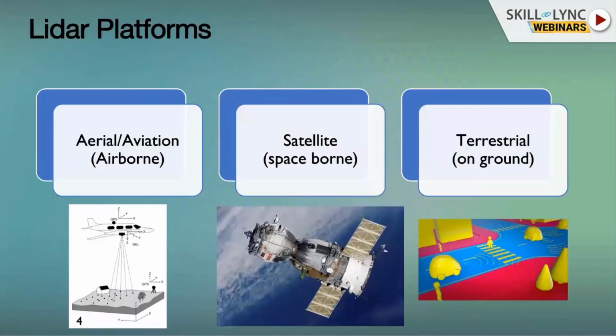Now let's go to the LiDAR platforms, where we are using these LiDAR sensors and for what purposes. For now I will explain aerial systems, like aeroplane, helicopter or drone, and then satellite.